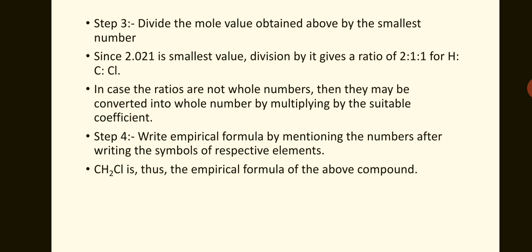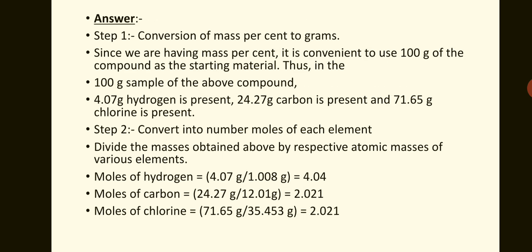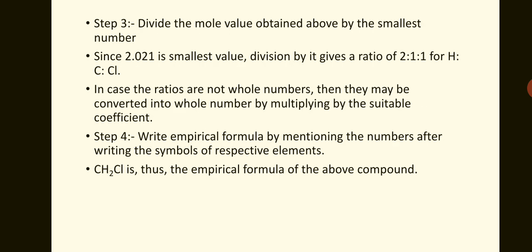So in case the ratios are not whole numbers, then we multiply by a suitable coefficient so that we can get whole numbers.